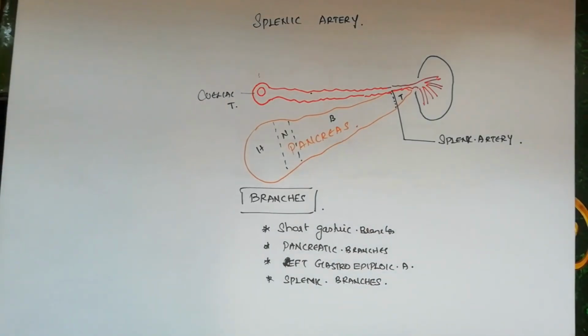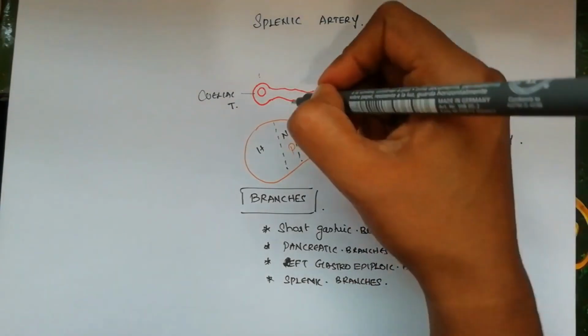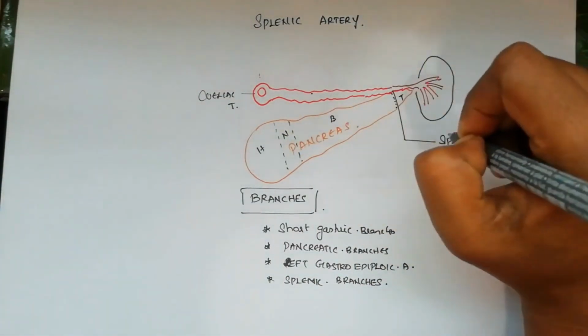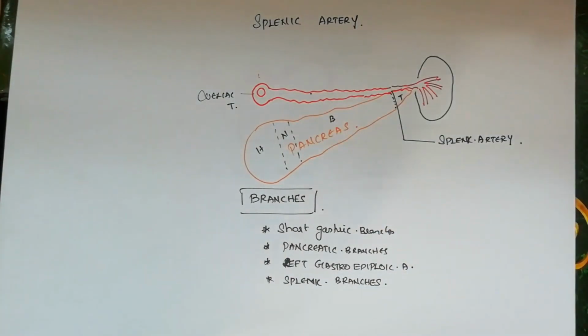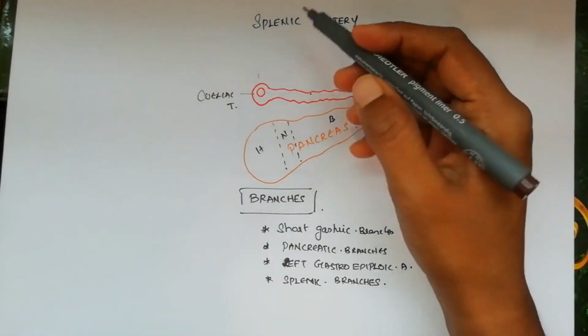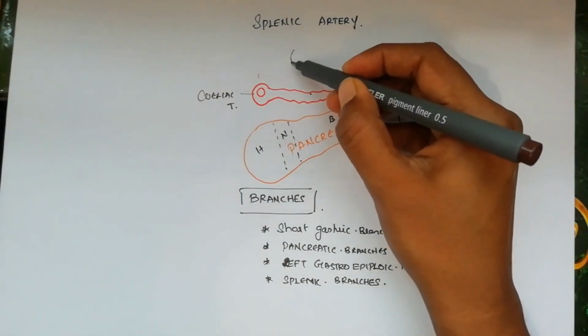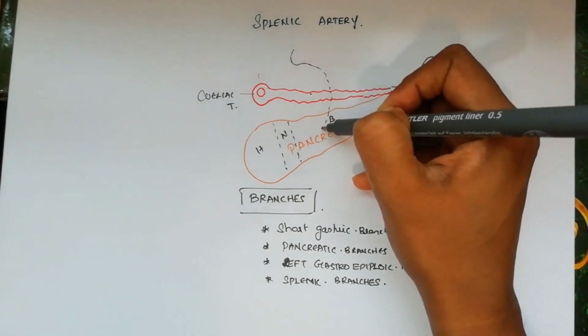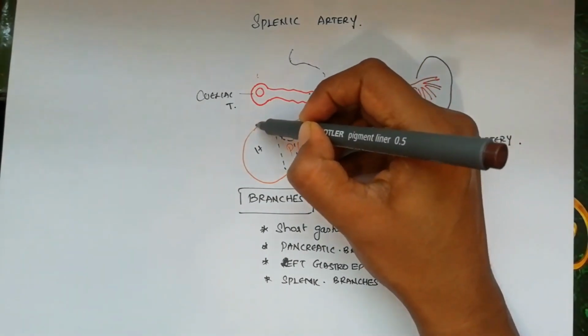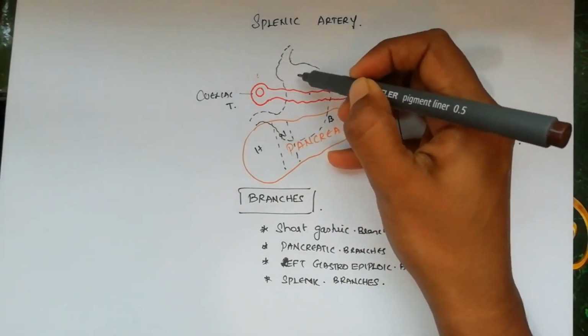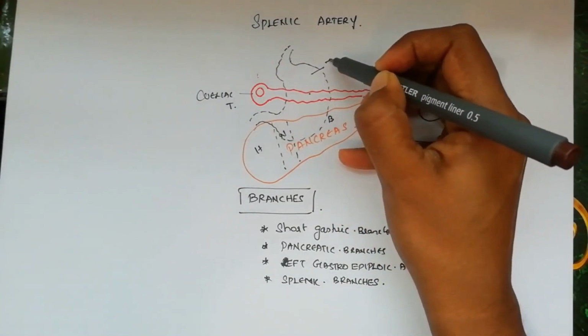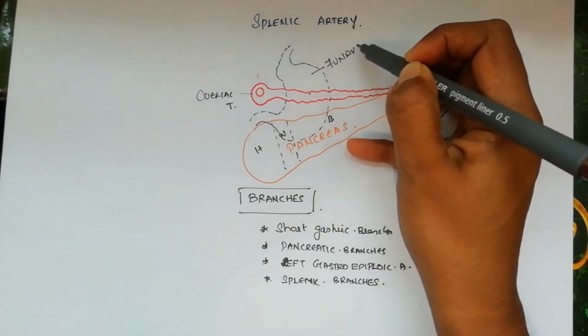First, talking about the short gastric branches. We have short gastric branches arising from the upper border of the splenic artery. Imagine we have our stomach over here, and this part is the fundus of the stomach.